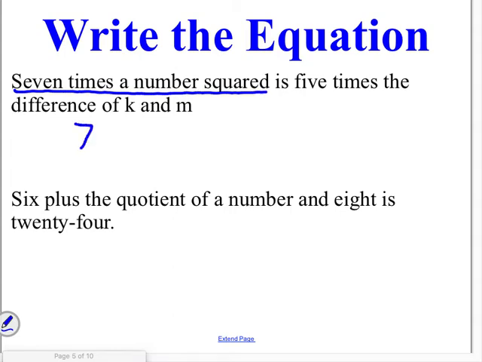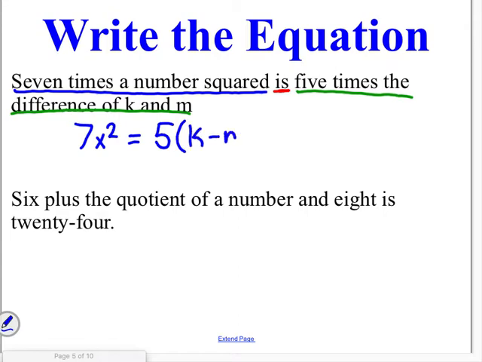So 7 times, I'm going to say my number is x, and I'm going to square it. Then I have my word "is." That's my equal sign. And the last part is 5 times the difference of k and m. So I've got 5, difference tells me to do parentheses, k minus m.